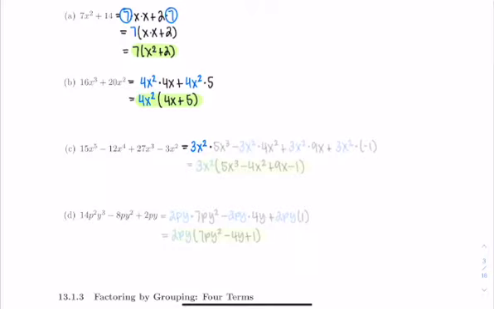So 3x squared times 5x to the 3rd would give me 15x to the 5th. We have 3x squared times 4x squared, which would give me that 12x to the 4th.